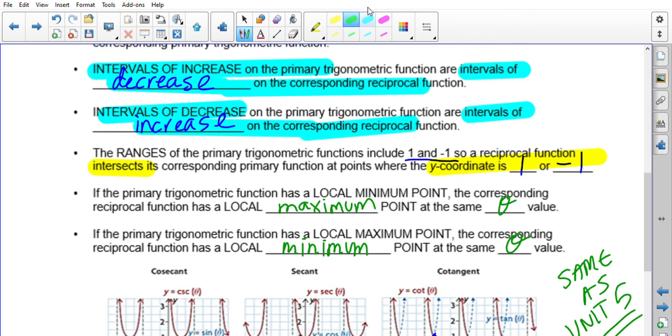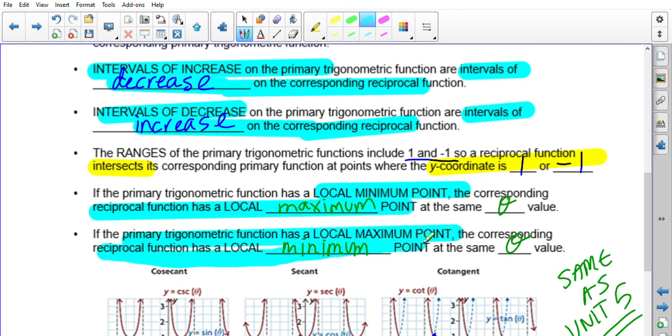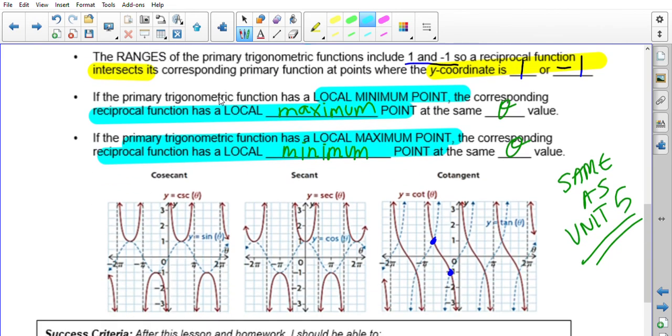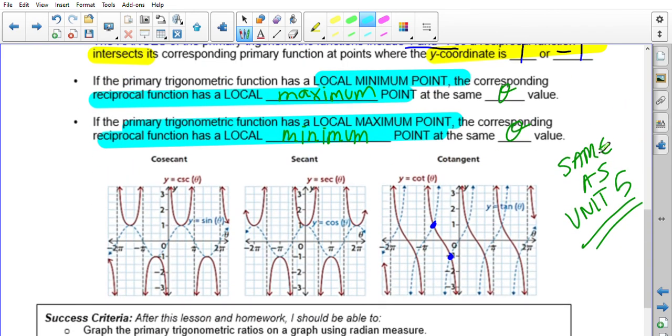Also the same as last unit, if the primary trig function has a minimum, then its reciprocal has a local max at the same theta value, and if the trig function has a local max, then its reciprocal will have a local min at the same x value. What I want to highlight is that everything is the same as Unit 5 material.